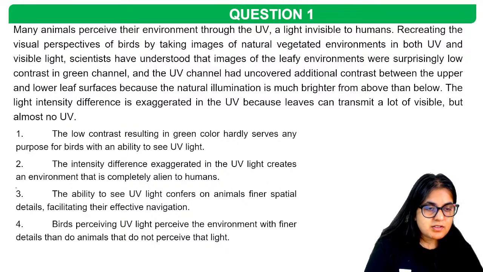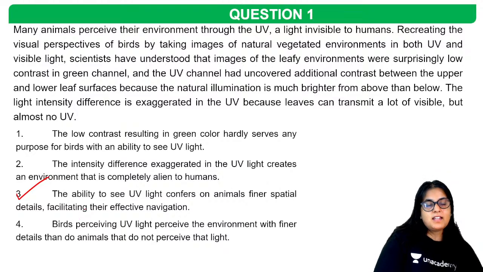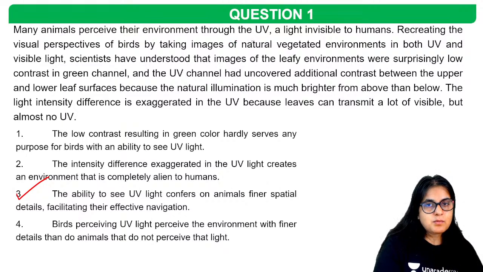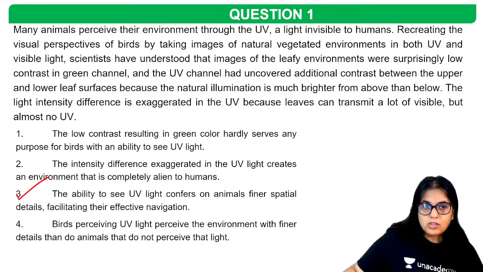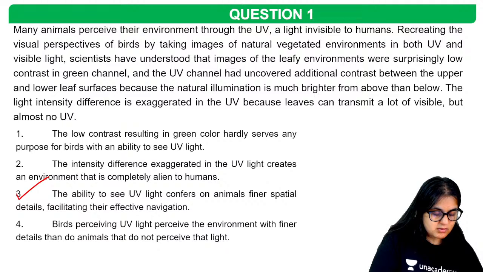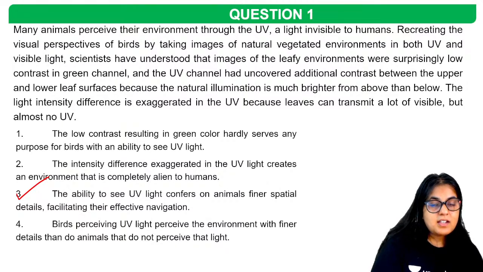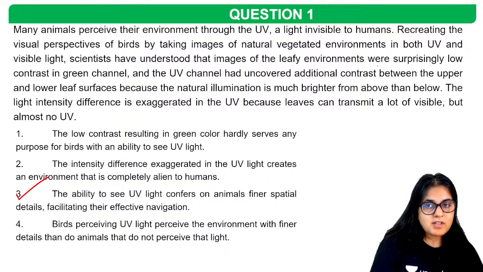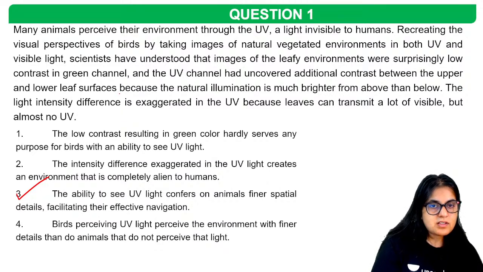Okay, guys, the right answer to this particular question is 3. Let's understand this. Many animals perceive their environment through UV, a light invisible to humans. Recreating the visual perspectives of birds by taking images of naturally vegetated environments in both UV and visible light, scientists have understood that images of the leafy environments were surprisingly low contrast in the green channel, and the UV channel had uncovered additional contrast between the upper and lower leaf surfaces, because the natural illumination is much brighter from above than below.